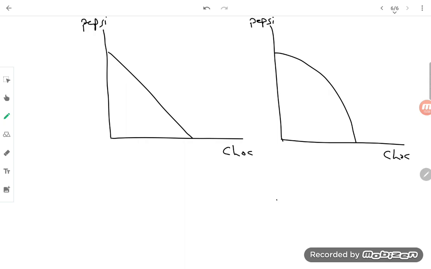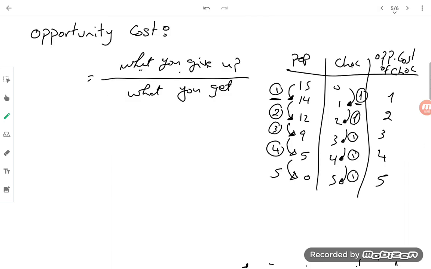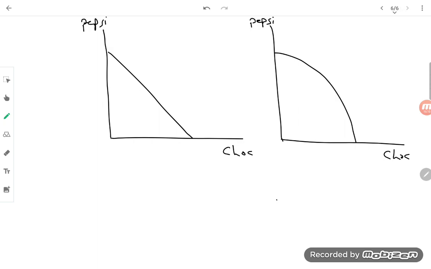This shape is determined by the opportunity cost. If the opportunity cost is increasing, just like the previous example, opportunity cost 1, 2, 3, 4, and 5, so it's an increasing opportunity cost. In this case, the PPF will be concave PPF.